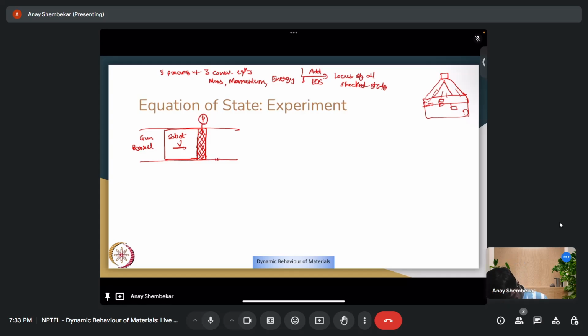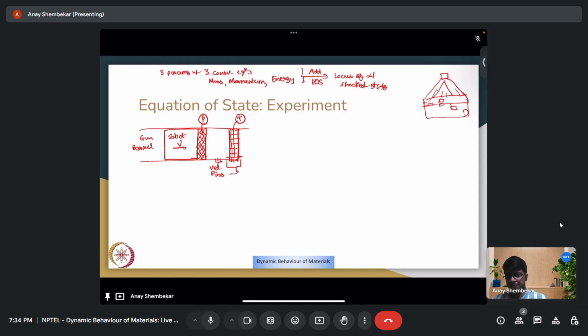You have 3 or more small velocity pins. These are used to estimate what the impact velocity v looks like, and then you have a target T. For this target, you have 2 pins on the free surface.